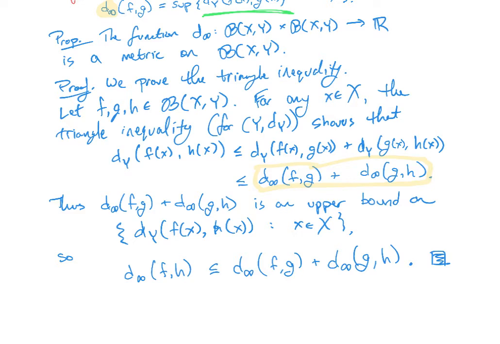Any questions on that proof? Why can't you just go directly and say that F and H is also less than the uniform metric?